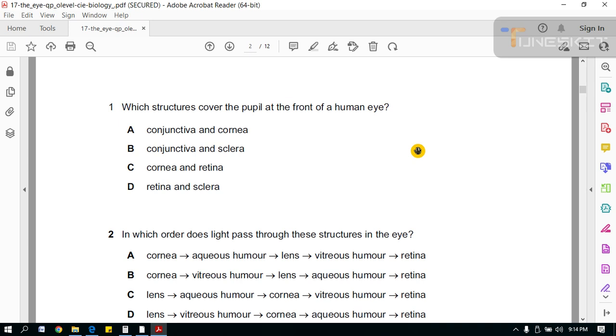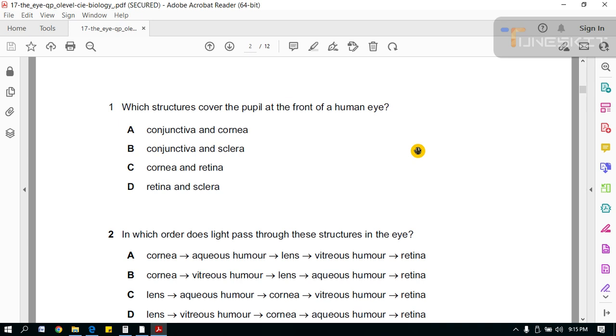So when we see the structure of an eye, in the diagram you have the first single cell membrane, that is called conjunctiva, and just after this single cell membrane there is a transparent membrane which is called cornea.